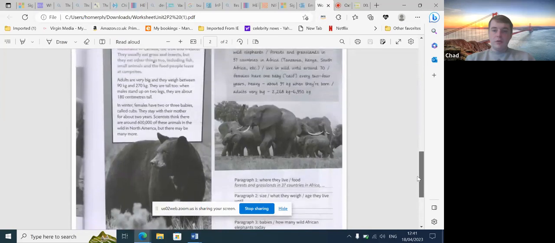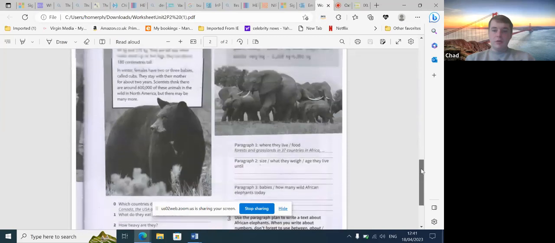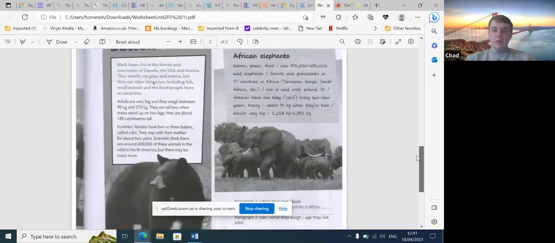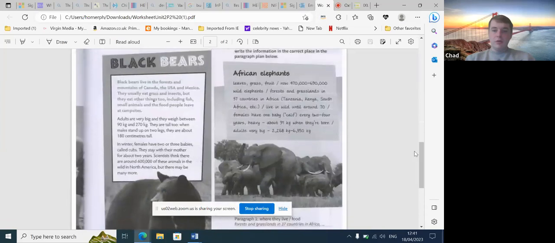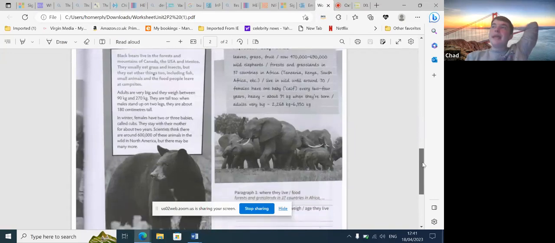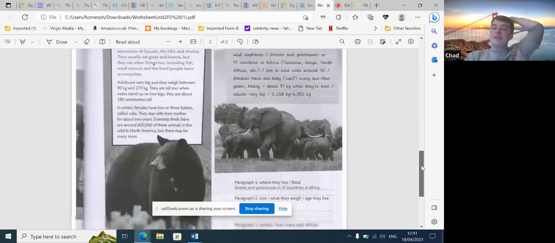Okay. And what about how many wild African elephants there are today? The last sentence is that today. So this is how many live today. Yes.